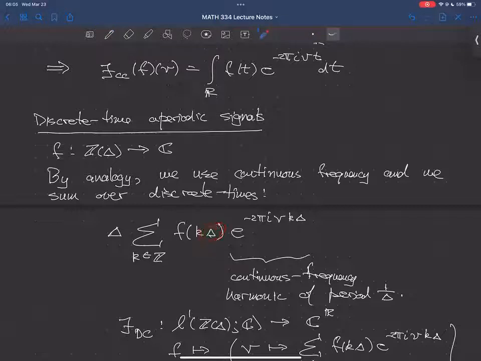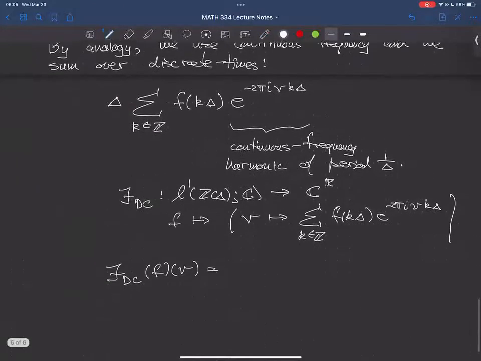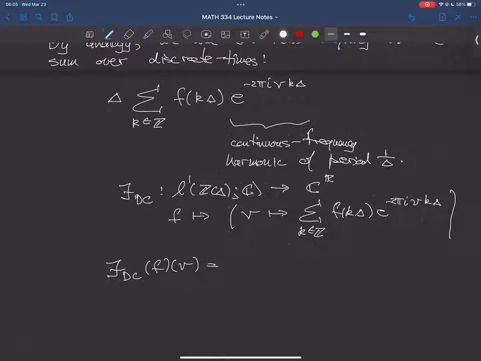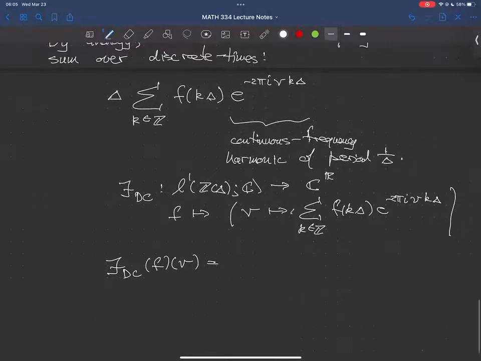We're summing over the sampled time interval z of delta, and so sums in Fourier theory should always have a delta in front of them, and the reasons we'll see. We're just going to stick to that convention regardless. And so delta appears here too.